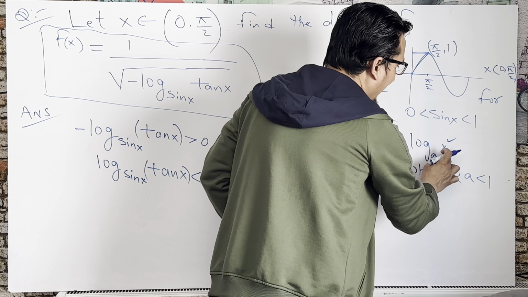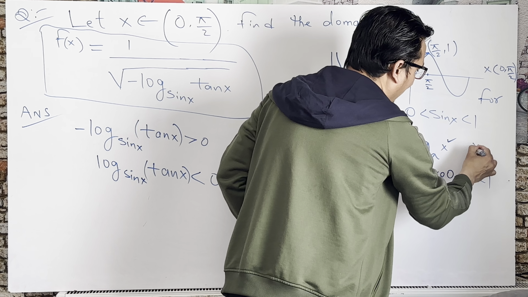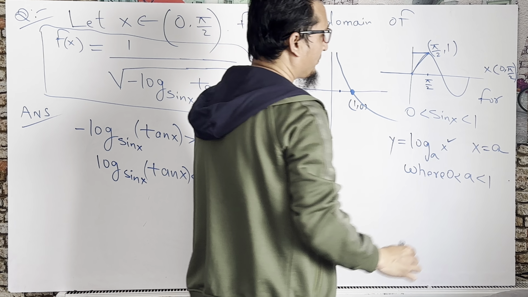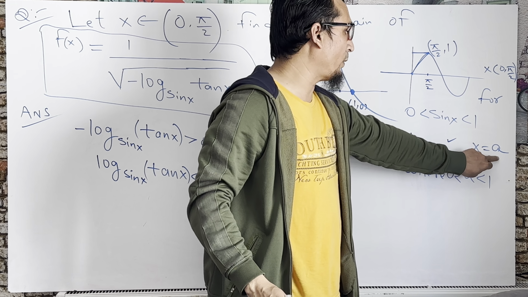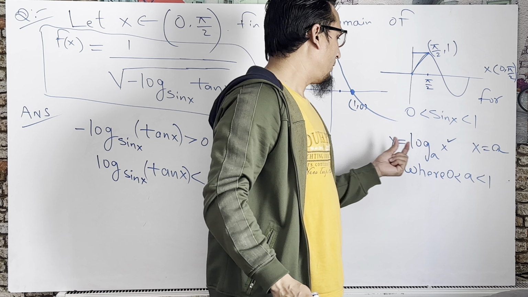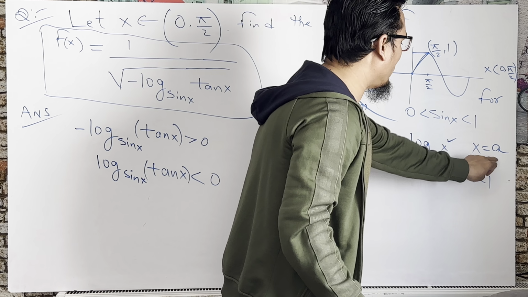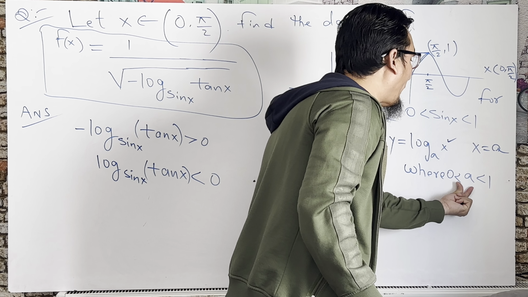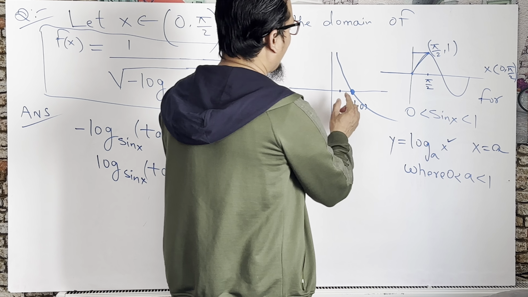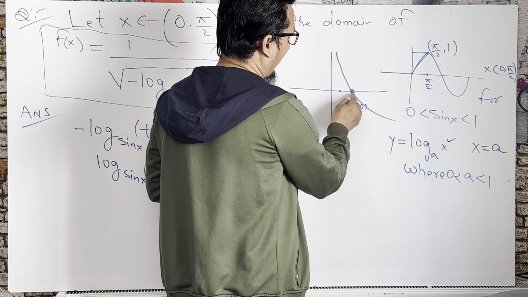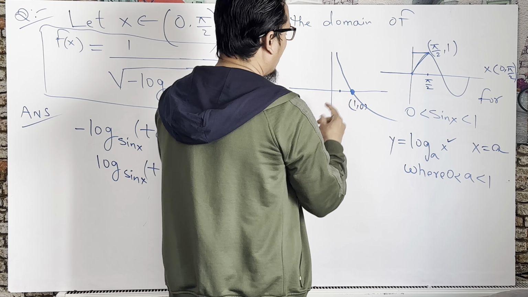The second condition: when x is equal to a, at that time the value of y is 1. And I know the value of a is greater than 0, so a must be from 0 to 1. So for example, if I say this is your a.